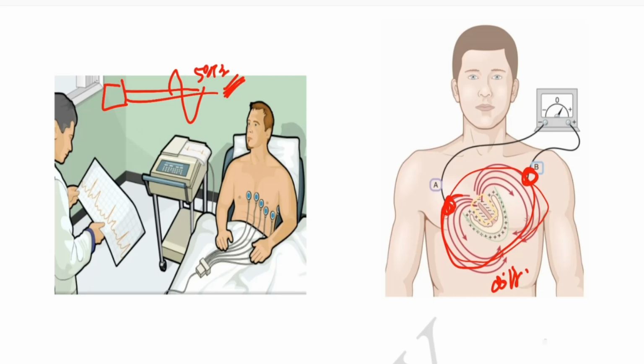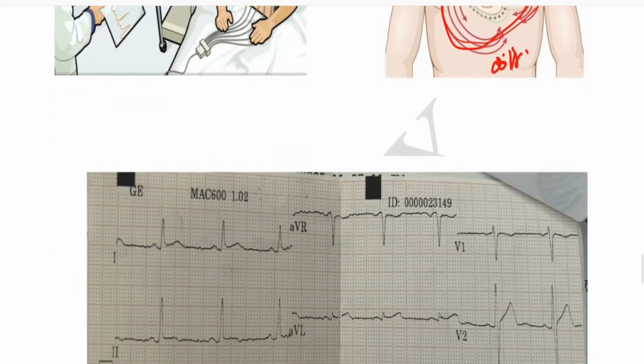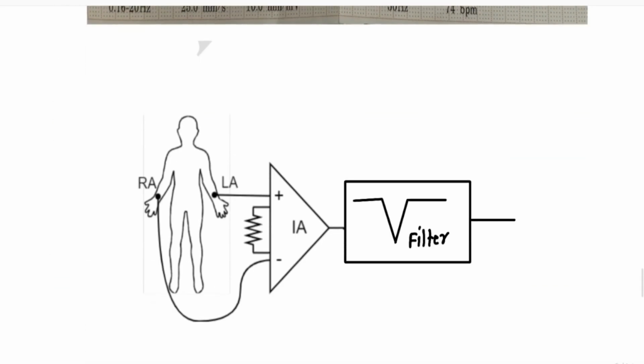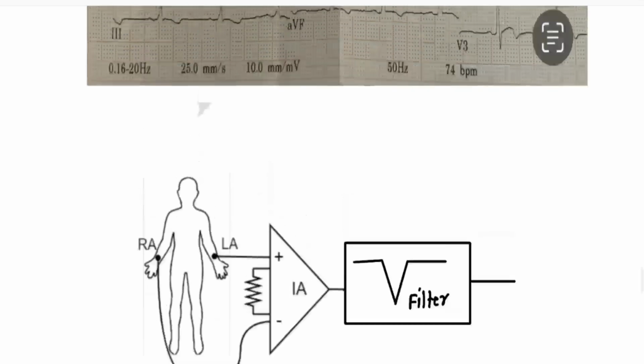After that they use some kind of filter here. After sensing your heartbeat they use a filter to remove low frequency noise and high frequency noise, because your heartbeat is nearly here.